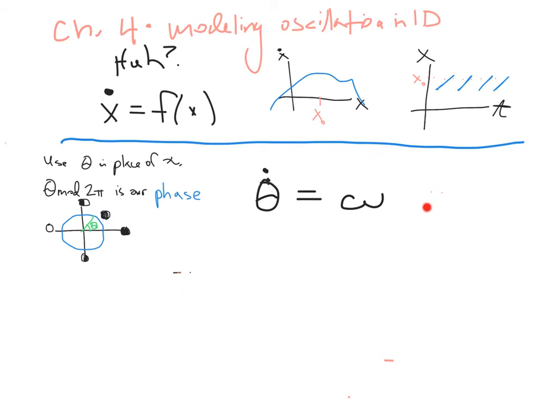A very simple system would be theta dot equals omega. So this is a system where the angle is simply steadily marching along in time. The solution to this system would be that theta of t is equal to omega t plus some arbitrary constant. And so what's happening in this system is, as we go forward in time, let's say we set our constant to 0, and our initial time is 0.